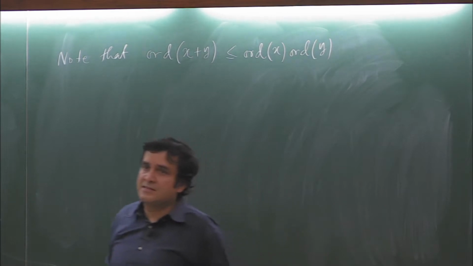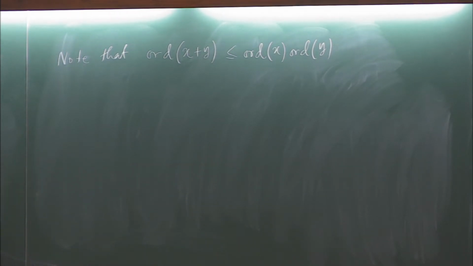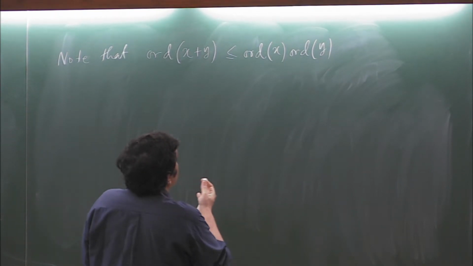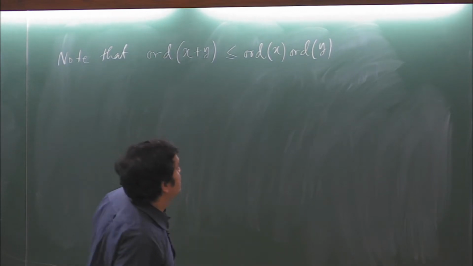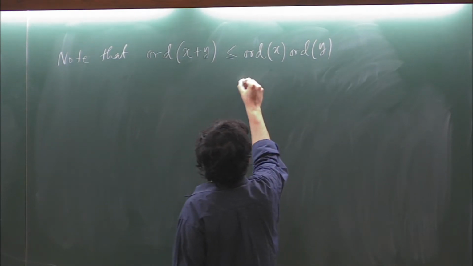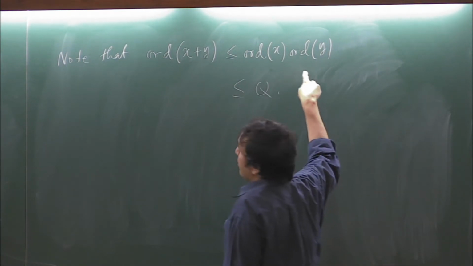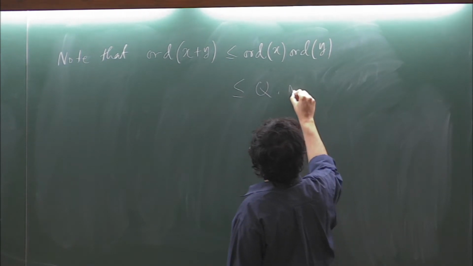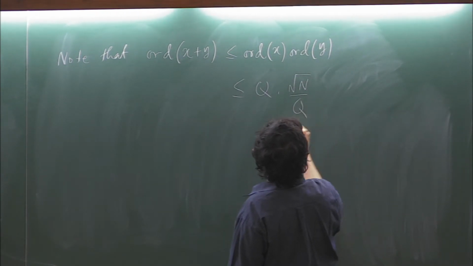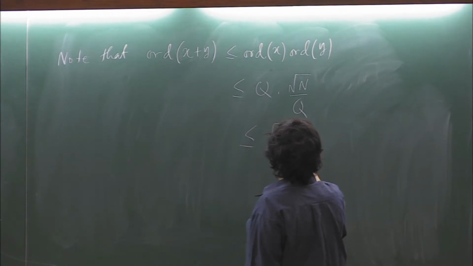Because it is like a by q1 plus b by q2, then its order will be LCM of q1, q2. So it's bounded by the product of the two orders. And order of x is bounded by q, and order of y is bounded by root n by q. So this is bounded by root n.